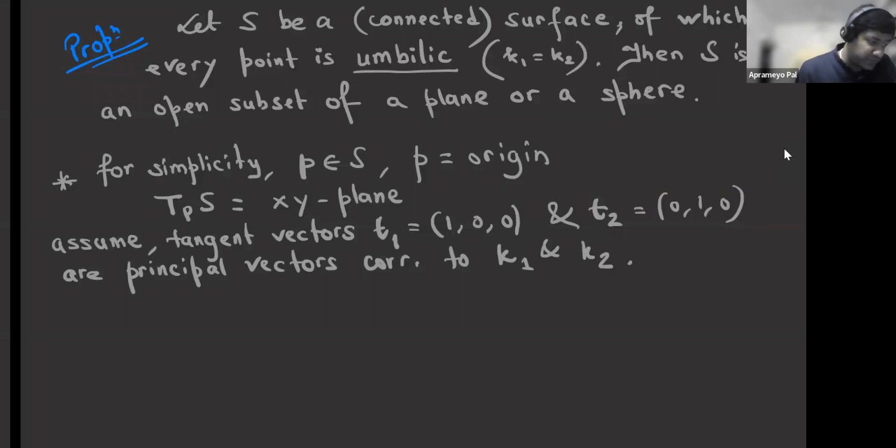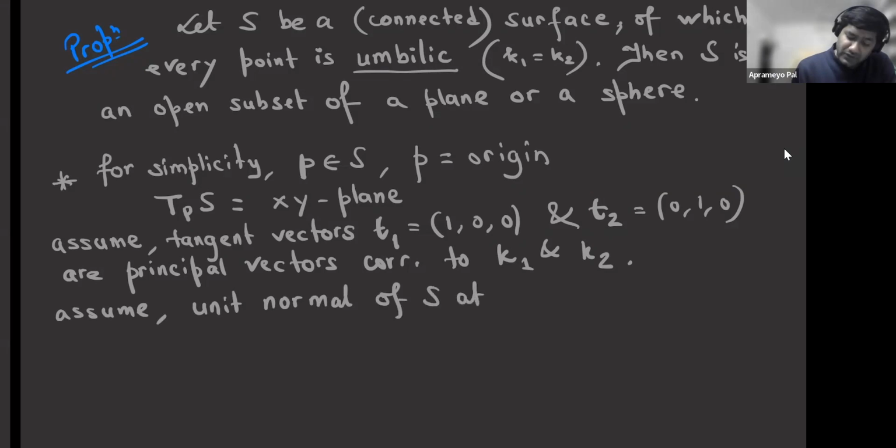In a similar way, you can further assume, by reflecting in the xy plane if necessary, that the unit normal of S at the origin P is N = (0, 0, 1). So here T1, T2, and this is the unit normal.